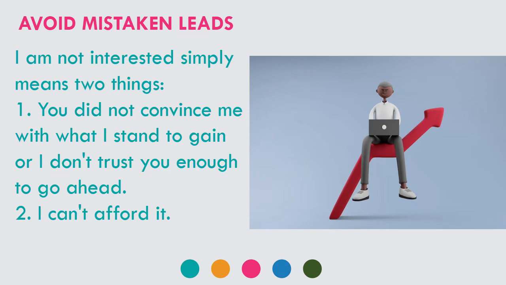The second thing is that you probably did not do your homework right during your sales communication. You were unable to convince them, or they do not trust you enough to go ahead and buy from you. This is why when you are prospecting, there are tools and there are processes. You must follow through all the important elements in your sales closing process. What do I mean?